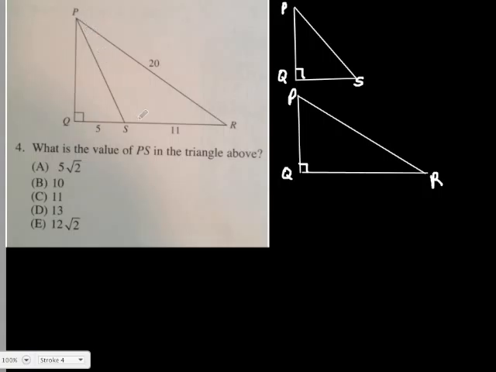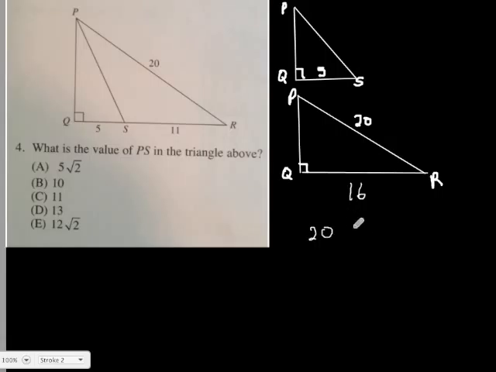If we want to figure out the length of PS, we know that this side is 5 and this is 20. And if this piece is 11, then QR would be 11 plus 5, which is 16. So by Pythagoras, we can figure out PQ.